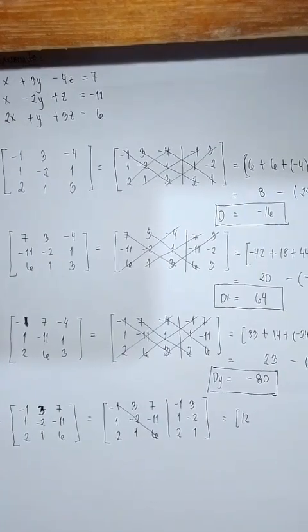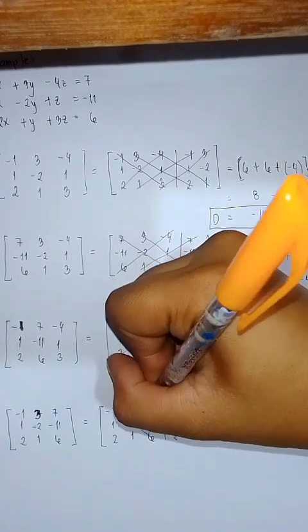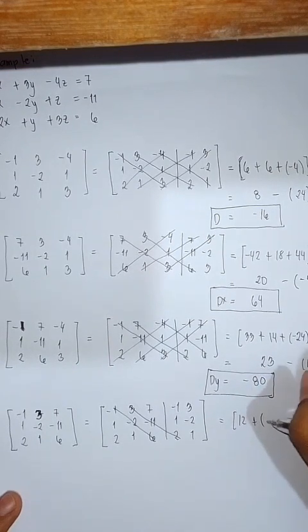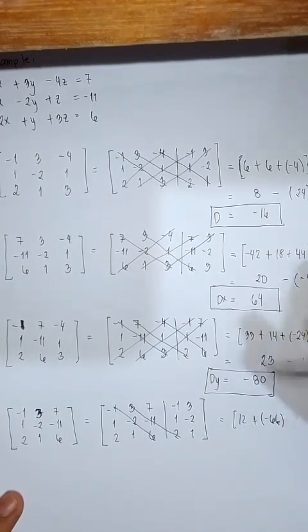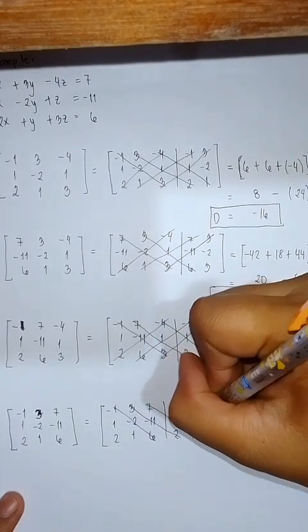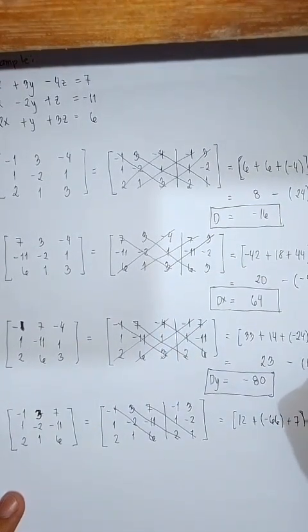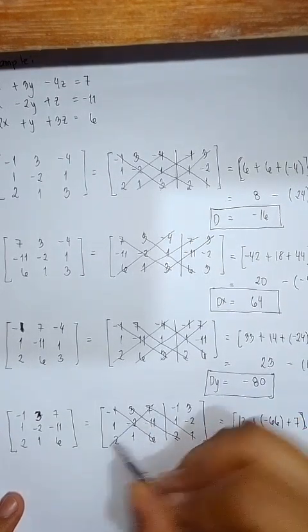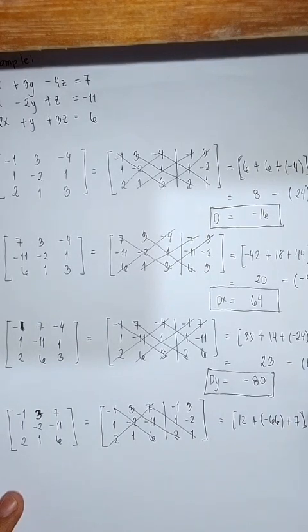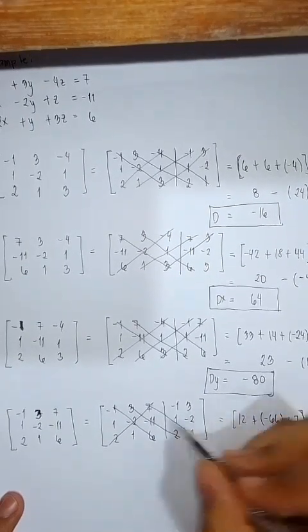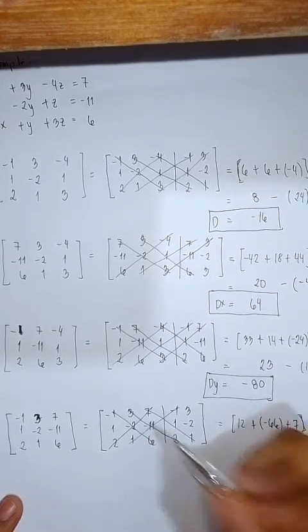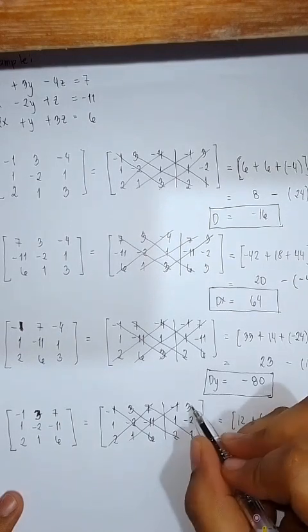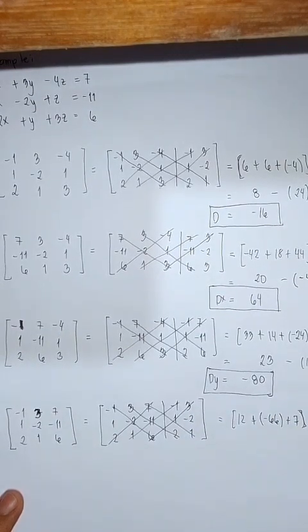And next is 3 times negative 11 times 2, which is equal to negative 66, plus 7 times 1 times 1 is 7, minus 7 times negative 2 times 2 is negative 28, plus negative 1 times negative 11 times 1 is 11, plus 3 times 1 times 6 is 18.